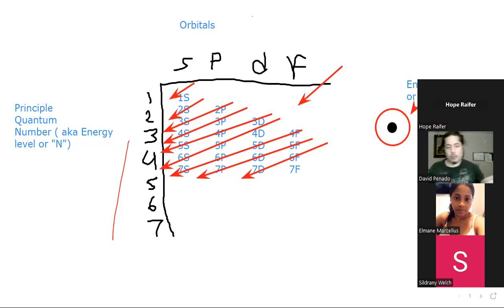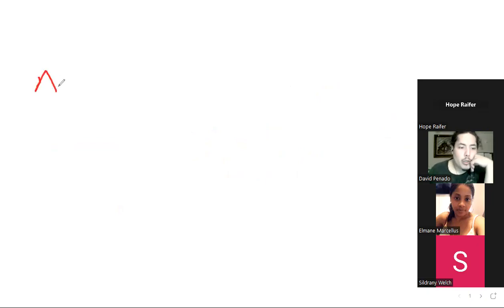All right, so as I have it here in this chart, that's the order. So for N1, which is the first shell, the one that's closest to the center of the atom, that one will always be 1s.